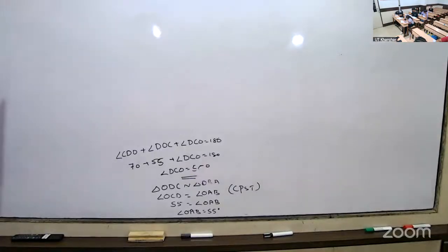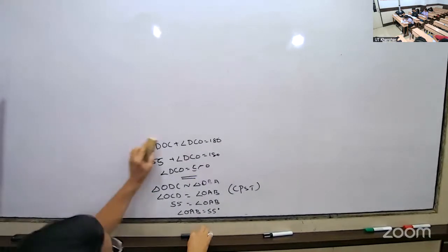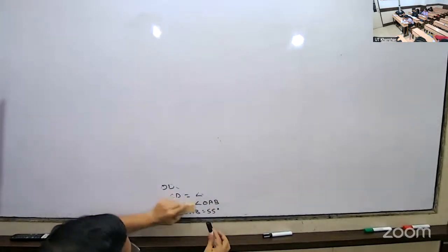What is equal to what? QP is equal to PR. Yes or no? Yes. So write down the first statement. In triangle PQR, angle 1 is equal to angle 2. Therefore, QP is equal to PR, isosceles triangle property.